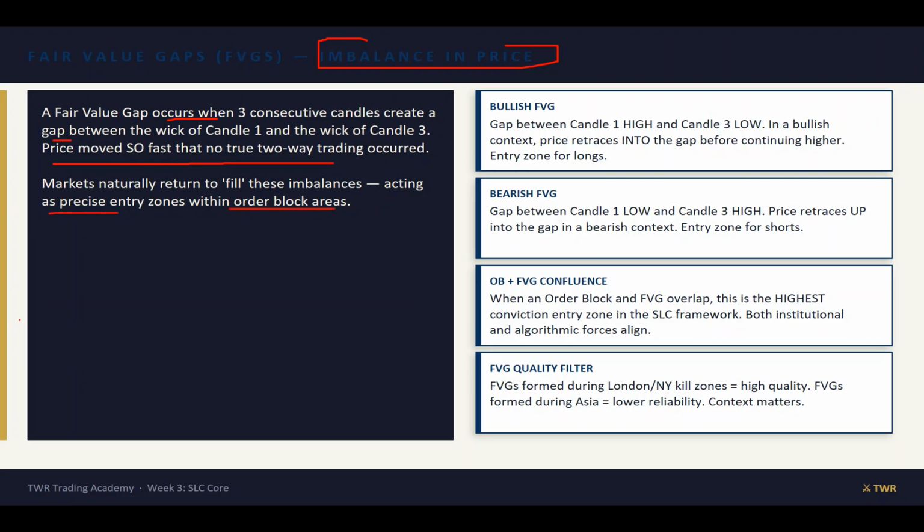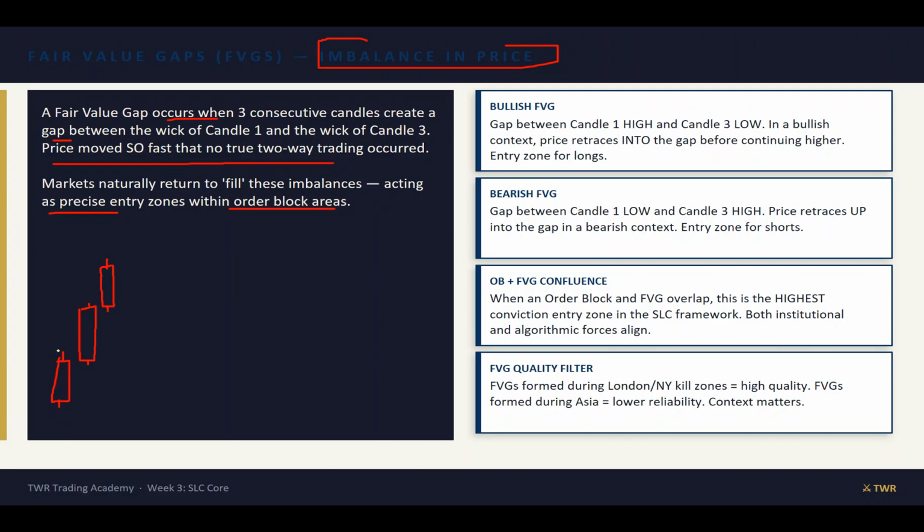Let me show you how this happens. Let's say you see three consecutive buy candles. This is the wick of the first candle, and this is the wick of the third candle.